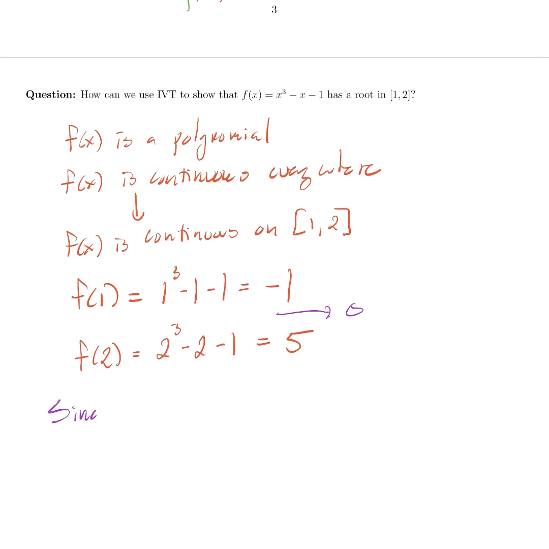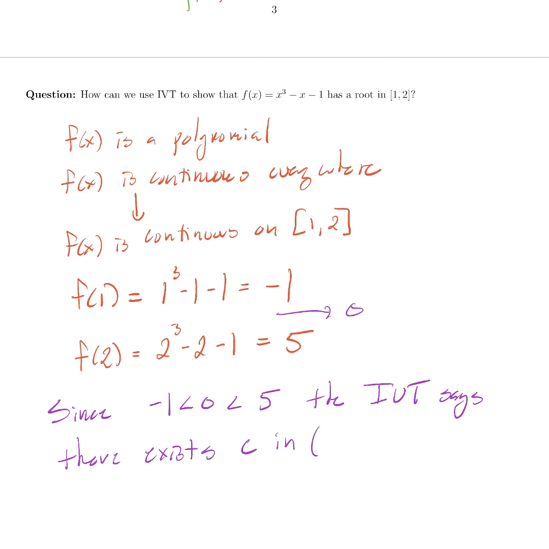So since negative 1 is less than 0 is less than 5, the intermediate value theorem says there exists some c in the interval from 1 to 2 such that f(c) is equal to 0.